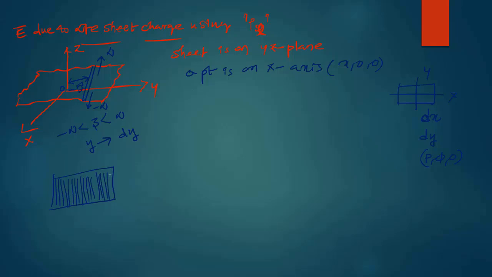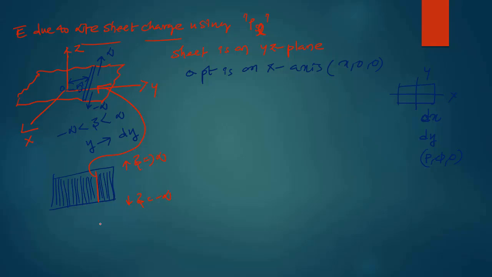Out of all these lines, I am taking one single line, that is nothing but this one, and this is of infinite length, because in this direction z is infinity and in this direction z is minus infinity.